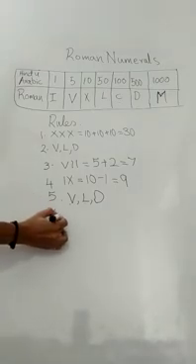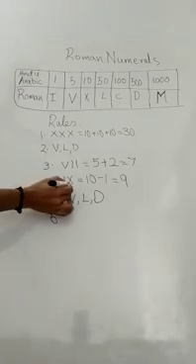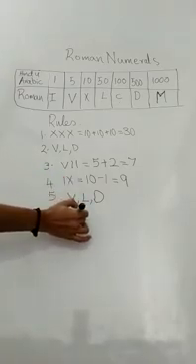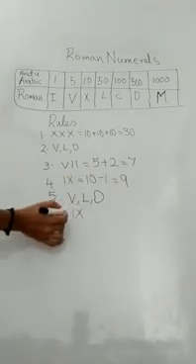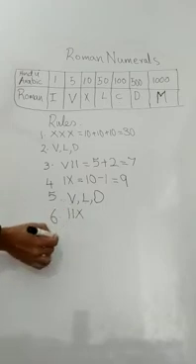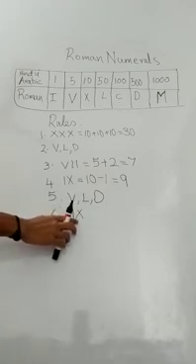Okay. Next one. What is the sixth point? The sixth point is, a symbol of a smaller value can be written to the left of a symbol of a greater value only once. So here we have written 1 on the left side, right? But you cannot put this 1 two times. This is not possible. You can put a smaller numeral only once.